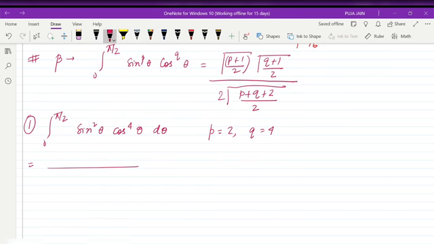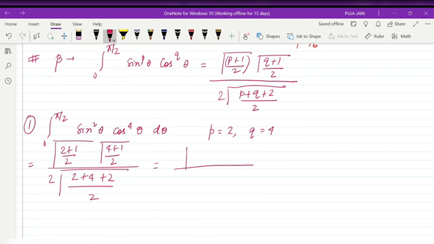Here p is 2, so (2 plus 1) by 2, gamma of (4 plus 1) by 2, over 2 gamma of (2 plus 4 plus 2) by 2. So gamma 3 by 2, gamma 5 by 2, and 2 gamma of 8 by 2.